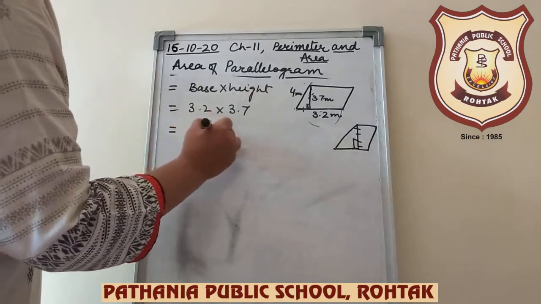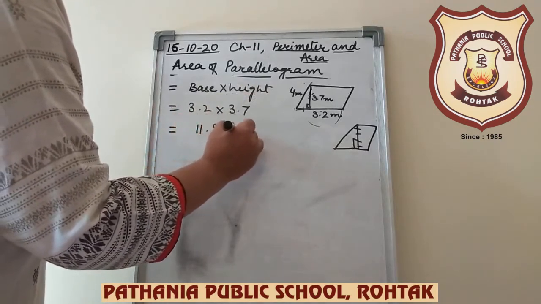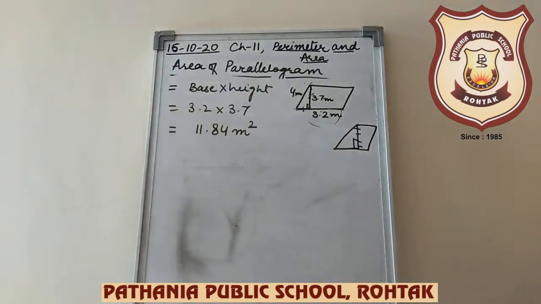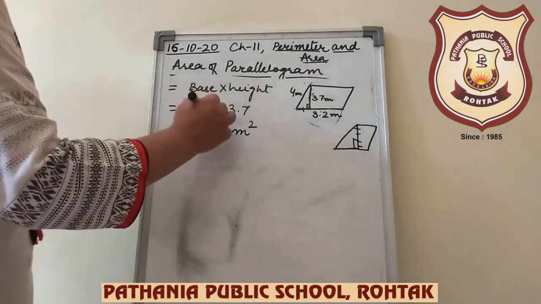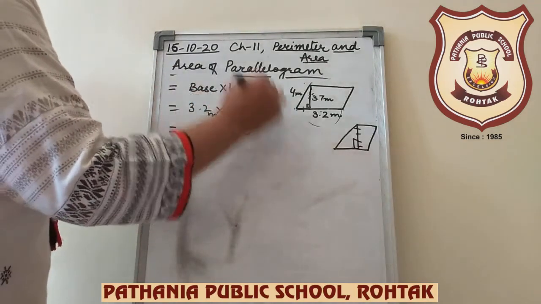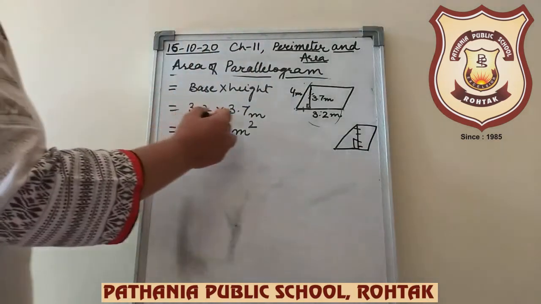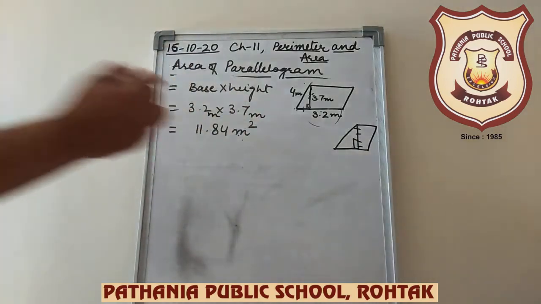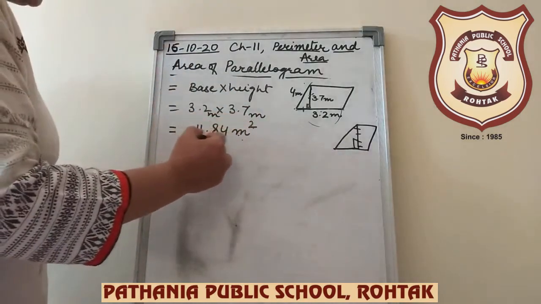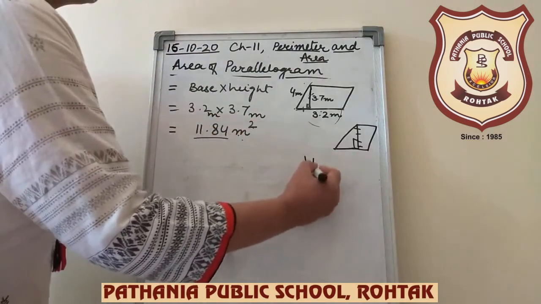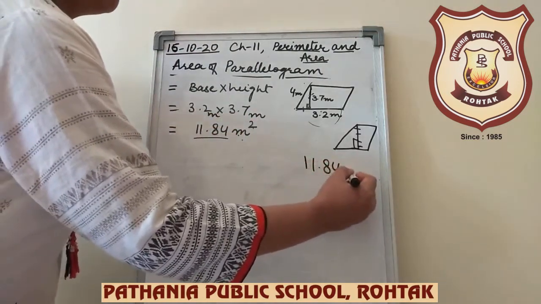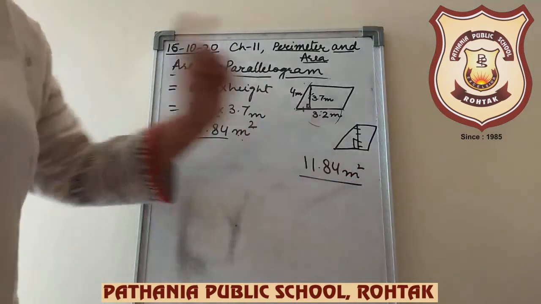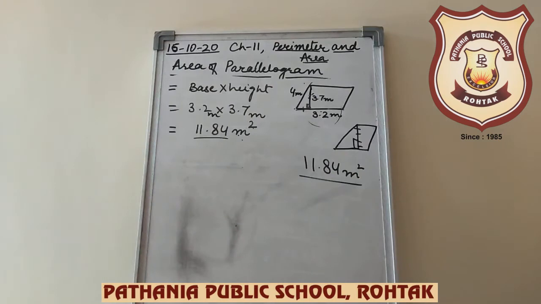When you multiply, the answer is going to be meter square, because this is in meter and height is also in meter, so the units also get multiplied. And if somewhere this is written alone, then you can make out this is the area of something. Clear?